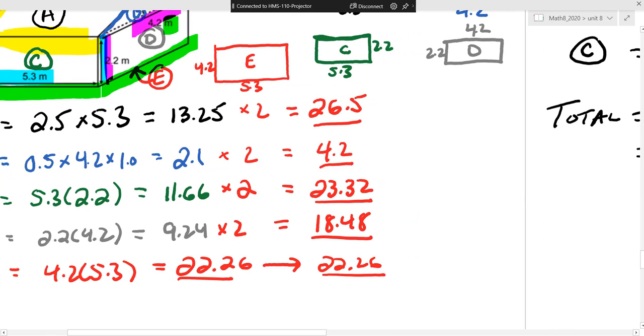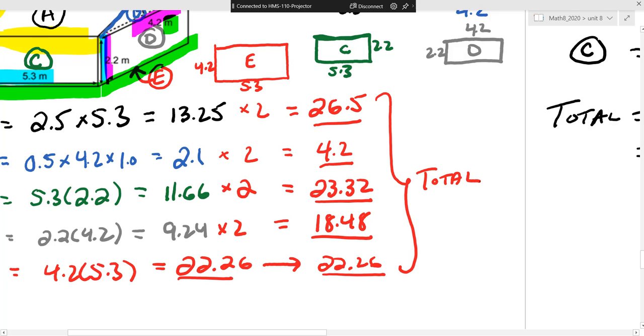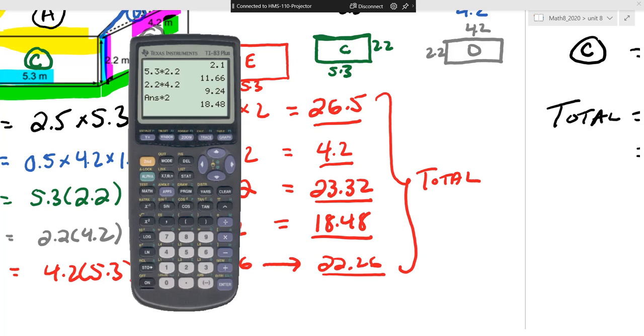Right? So now we want the total of all these. So we add all those numbers up. So we go 26.5 plus 4.2 plus 23.32 plus 18.48 plus 22.26.